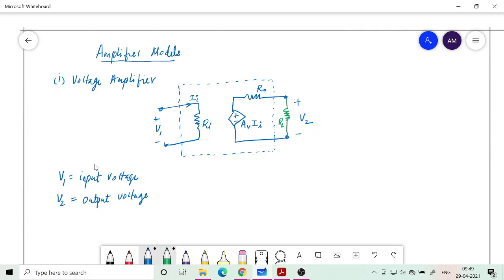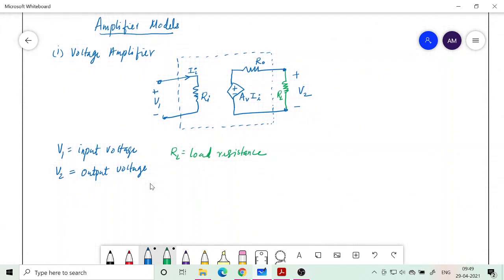Okay, so that is RL. RL is the load resistance, which is external to this model amplifier.